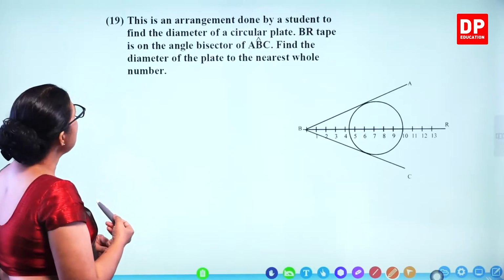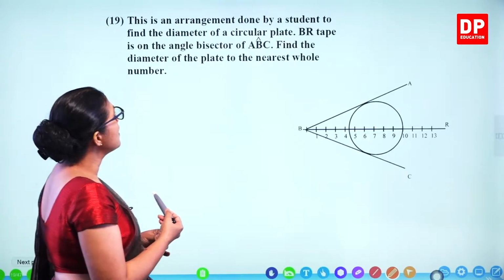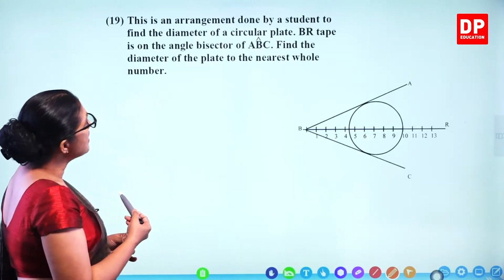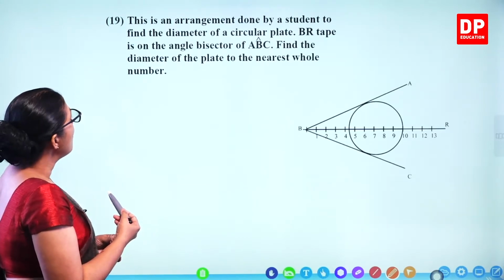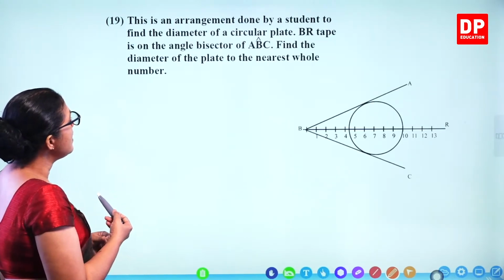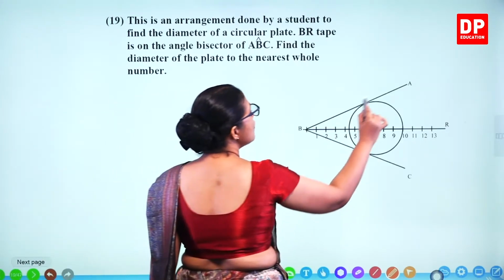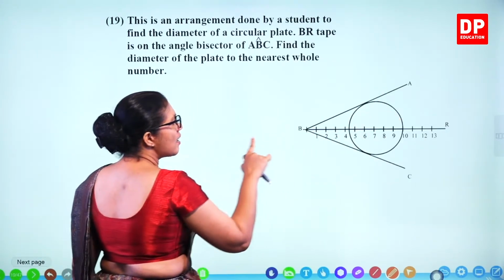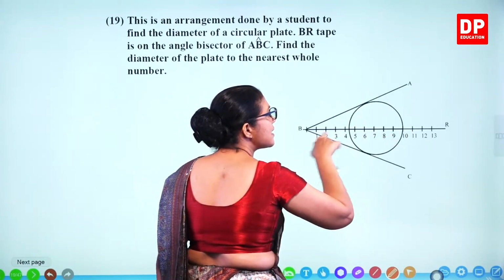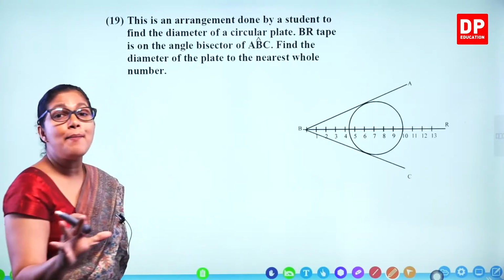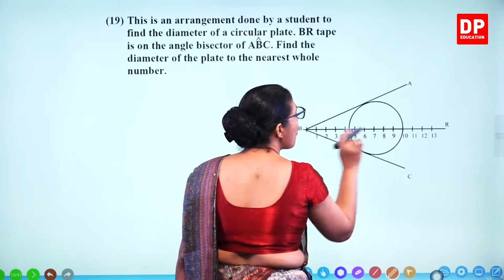Question number 19. This is an arrangement done by student to find the diameter of a circular plate. The tape is on the angle bisector of ABC. Find the diameter of the plate to the nearest whole number. So we know that these two lengths are equal. According to that, we know this tape is on the diameter of the circle. So that's why we can measure from here.